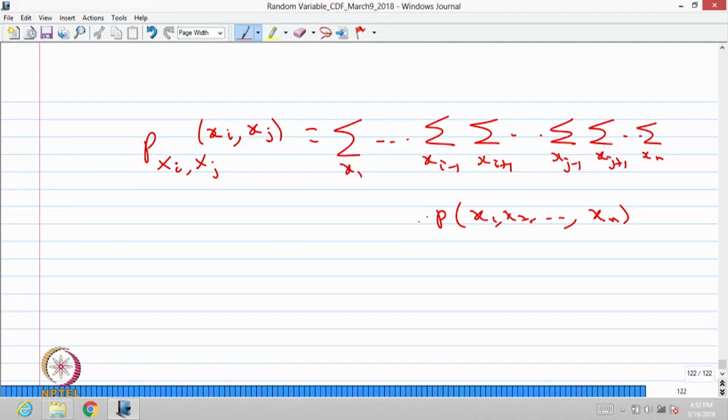That means by n minus 2 summations, without xi and xj, one can get the joint probability mass function of xi comma xj.